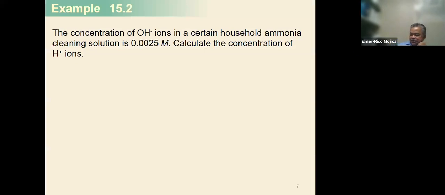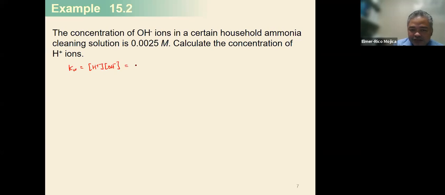So if you have the concentration of the hydroxide in a certain household ammonia cleaning solution as 0.0025, calculate the concentration of your hydrogen ions. So where do we start? KW equals H plus times OH minus.